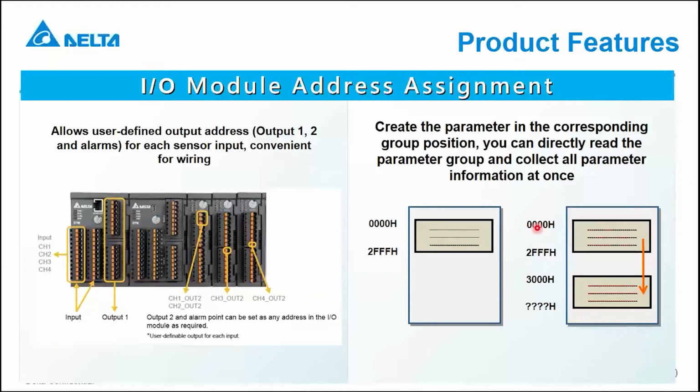Maybe from 0 to 2FFF, and then the next device starts from 3000. So in the traditional way, you have to write multiple programs to read each of them. But for the DTM, no worry, we can group them as one group. You just send one command, and the system will automatically pull all the data to the upper system in sequence.